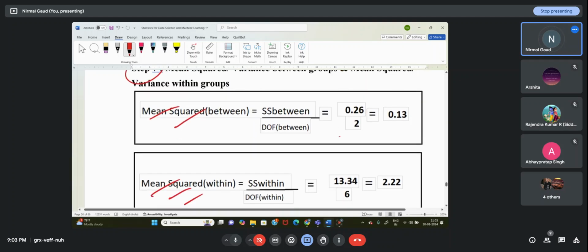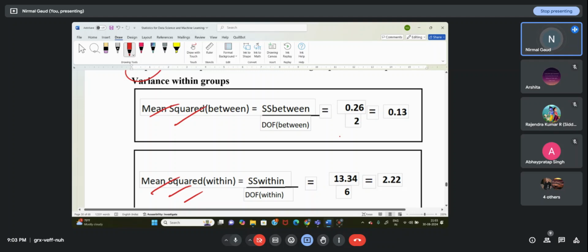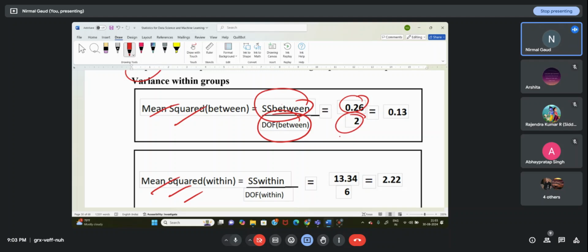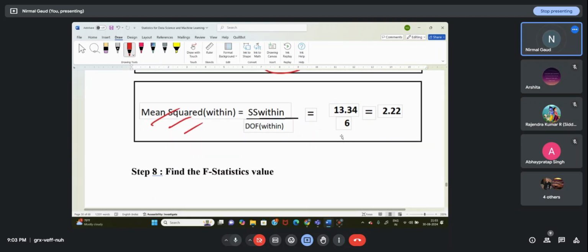For that you have to divide SS between by the degree of freedom between. SS between is 0.26, degree of freedom between was 2, the answer is 0.13. SS within came to be like 13.34, degree of freedom within is 6, so it is 2.22.